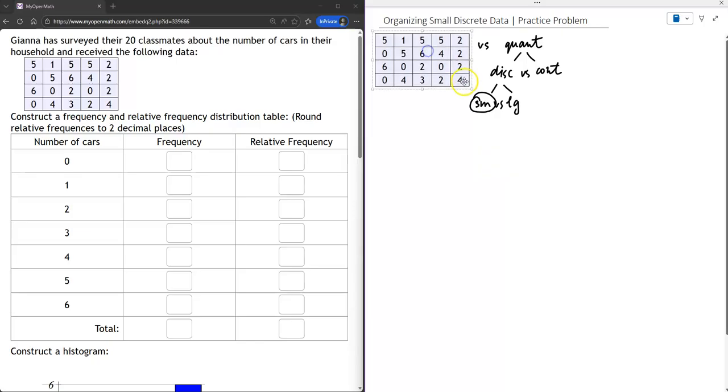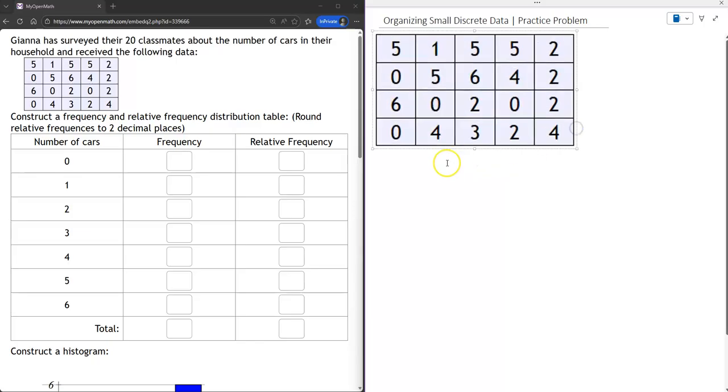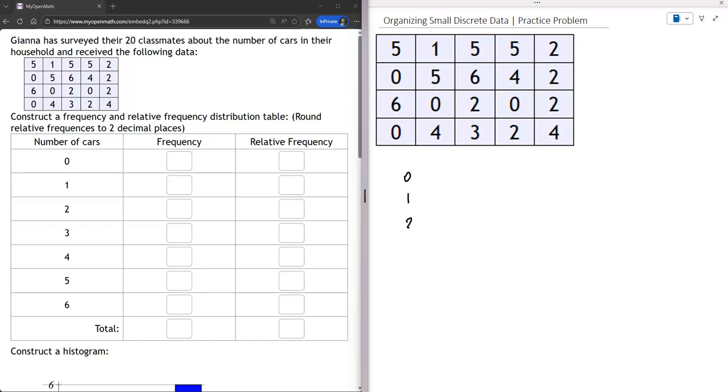Let's take a look at this data set and let's construct a frequency table and then histogram. First thing we do, we list all possible values. So 0, 1, 2, 3, 4, 5, and 6. And then we do the tally.